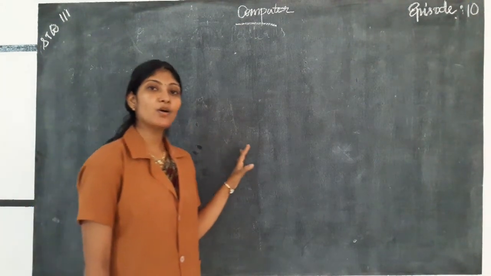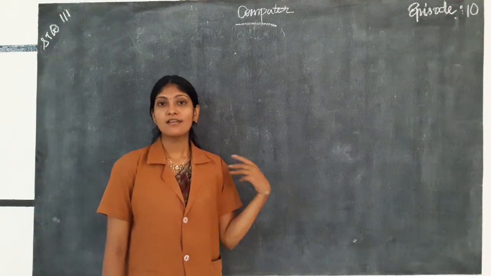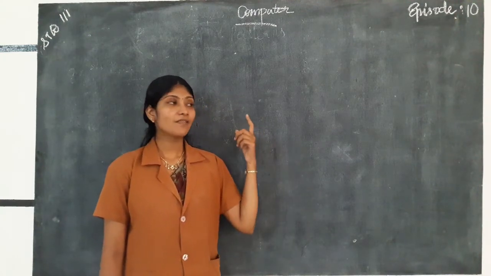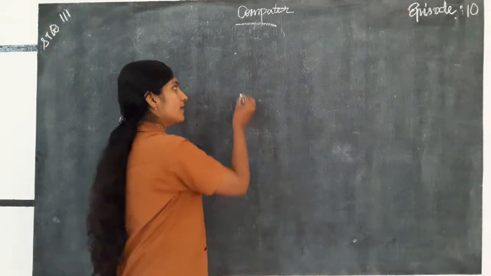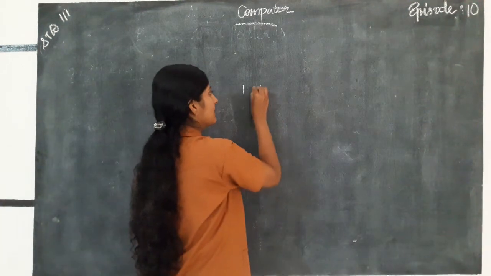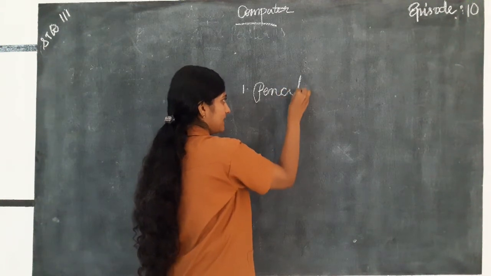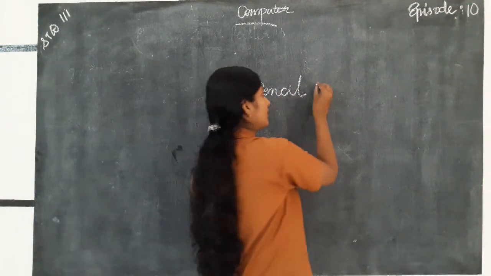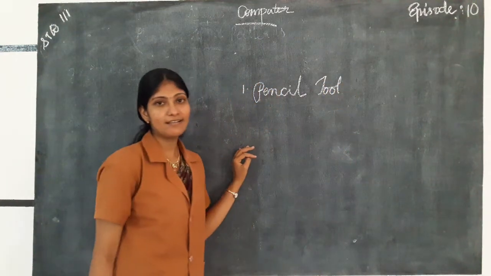Now we are going to discuss the tools which help us to draw, and we have to explain each of the tools. So the first tool is the pencil tool. P-E-N-C-I-L, pencil tool. We know pencil. What is the use of a pencil?